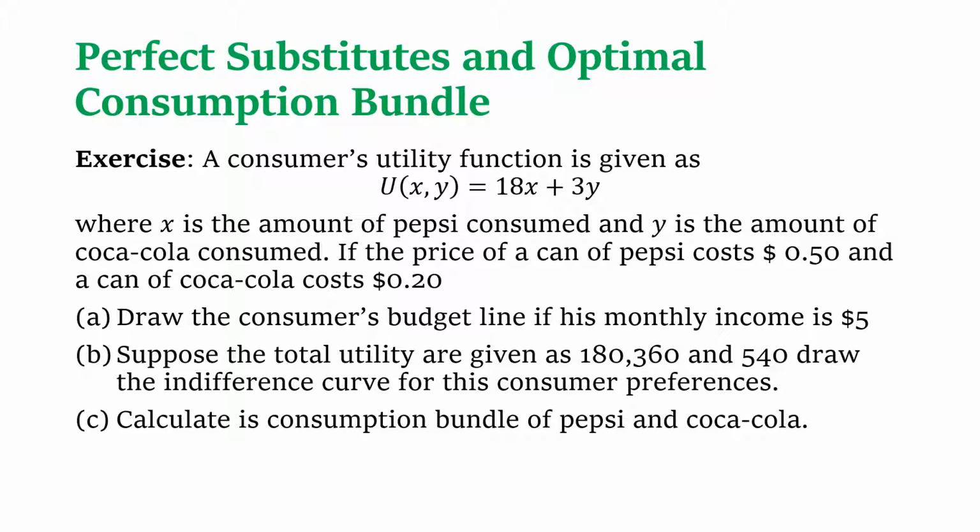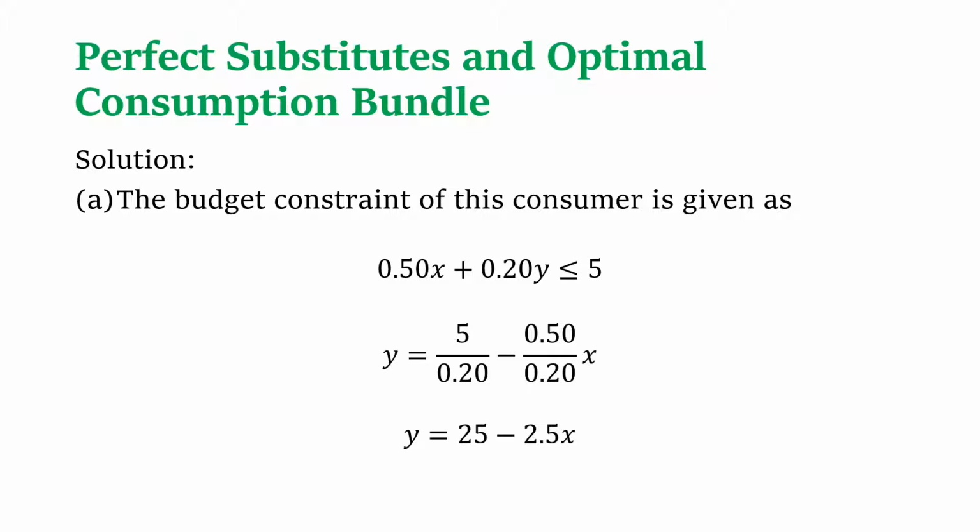And that gives the budget line. Okay. Now let's try to look at the problem further. So we notice that the budget constraint of this consumer is given as what? 0.5x plus 0.2y less than or equal to 5, right?